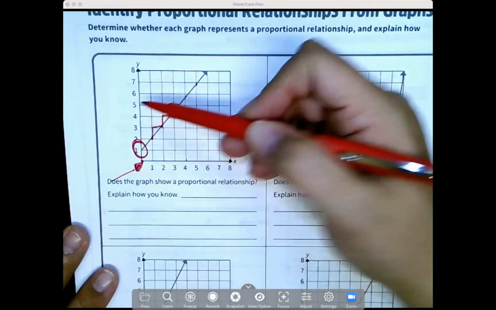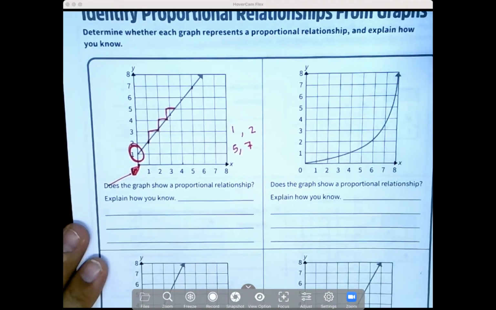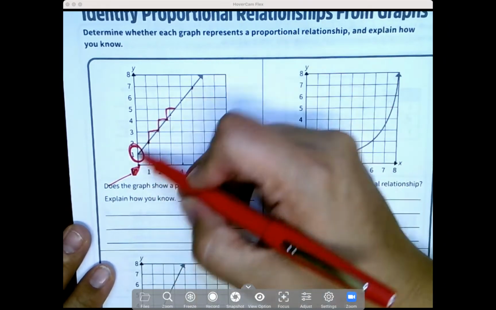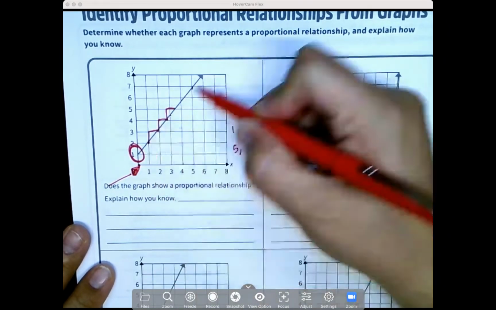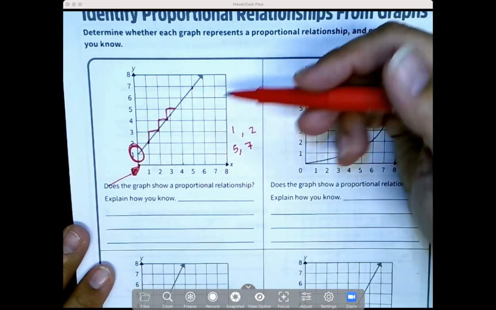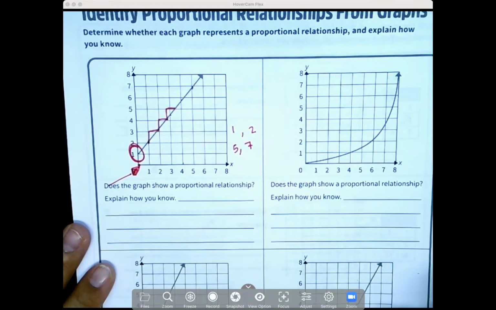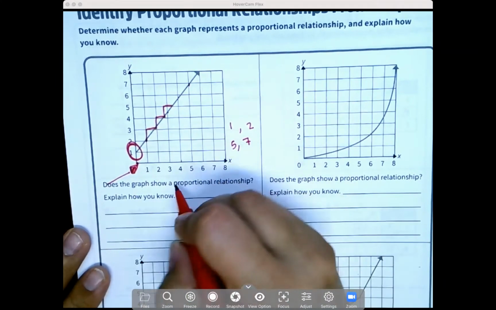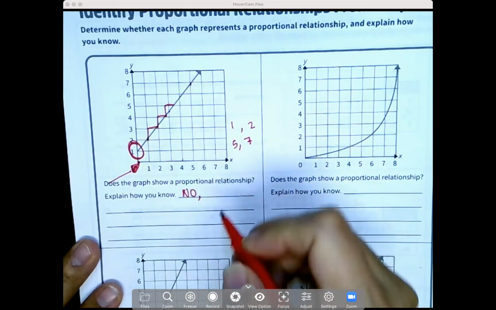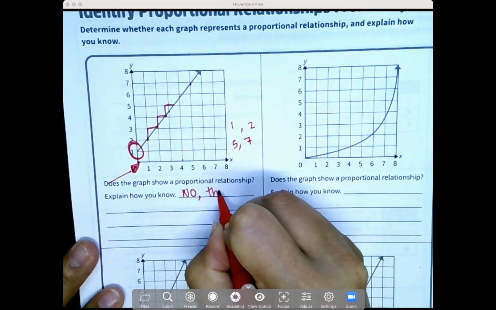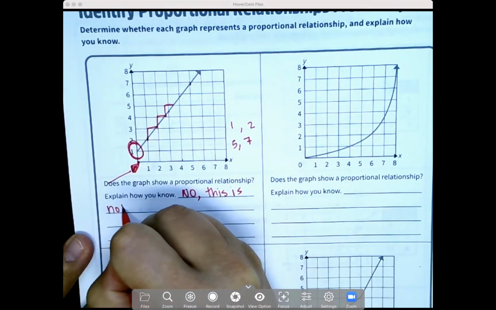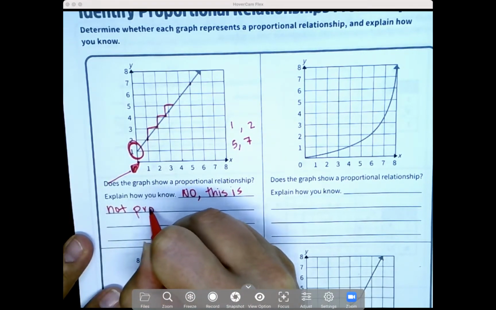If they start up or down, it's not a directly proportional relationship. There's something else going on. Okay. And so besides trying to find that, okay, have them point out initially that they didn't even have to try that because it didn't go through the origin 0, 0. So how do I know? Okay. I would say no, this is not proportional.